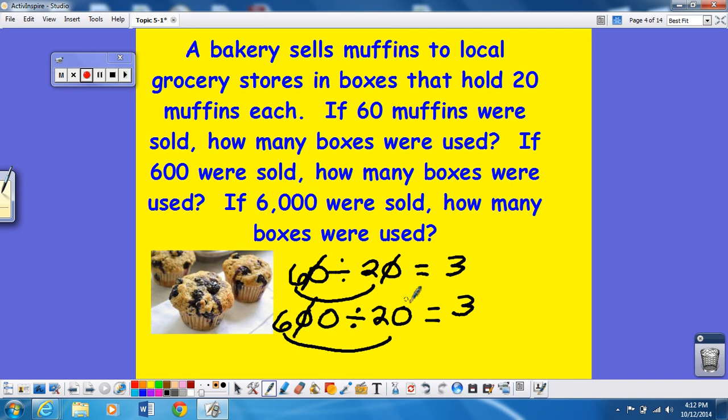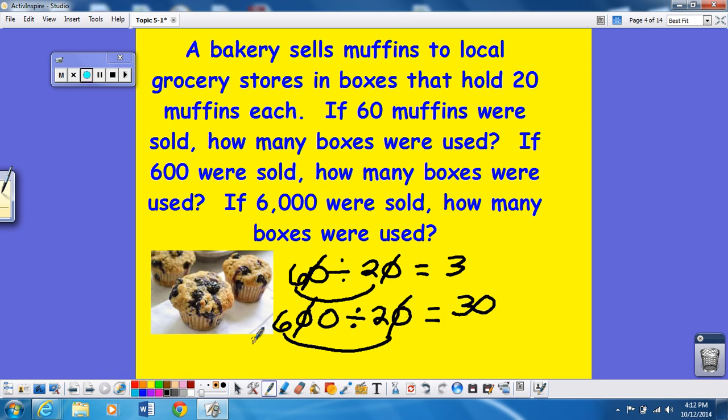This one cancels this one. Is there anything to cancel this 0? There's not. So that tells me that that 0 goes in my quotient. That is part of my answer. Okay? So if 600 muffins were sold, that means 30 boxes of muffins were sold, because 30 times 20 is 600.